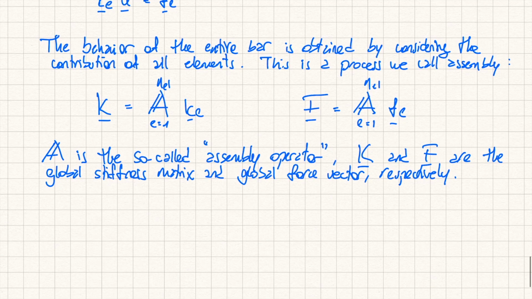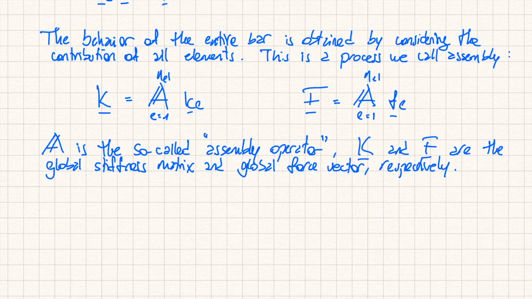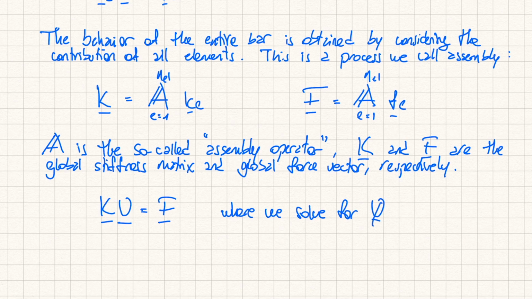Okay, and then again the same thing, we end up in a system of equations. Ku equals F, where we solve for U. And now U is my global degree of freedom vector that is also called, in this particular setting, global displacement vector.